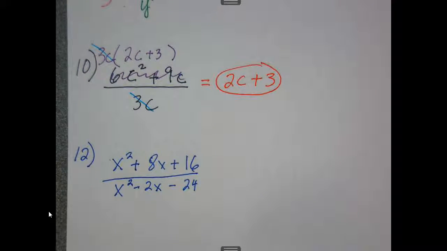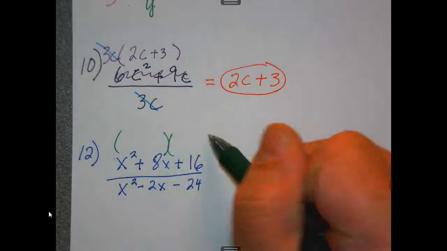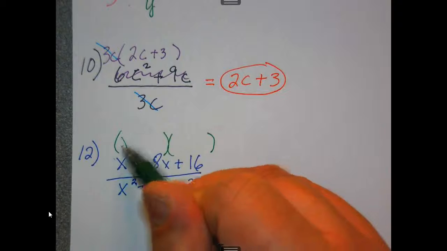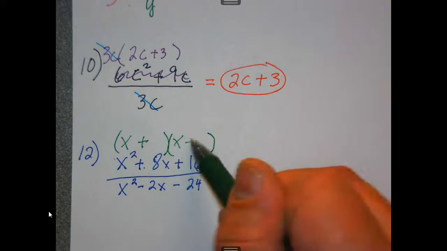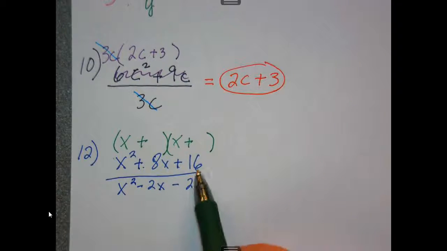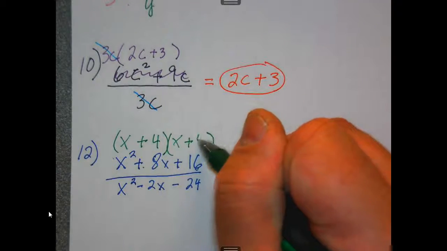We have some factoring to do. The x times x plus plus, so this is a plus plus. Two factors of 16 that add up to 8. 4 and 4.